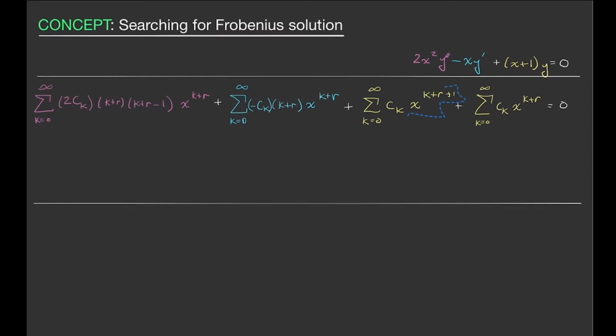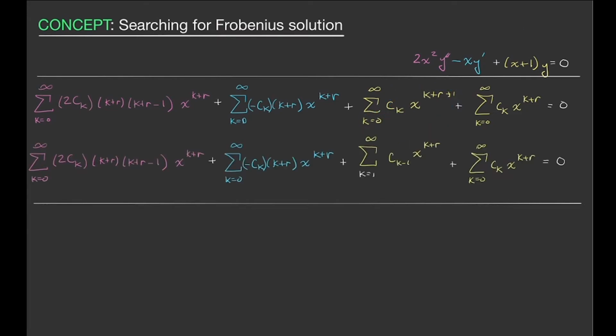Here we have x to the k plus r plus 1. What we would like is for the exponent to always be the same. And since we have x to the k plus r everywhere except for this case, let's go ahead and change the indices here.